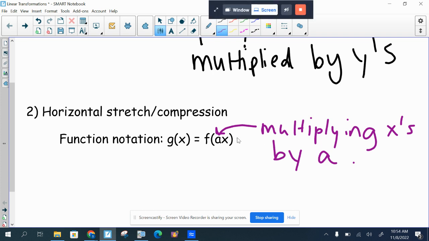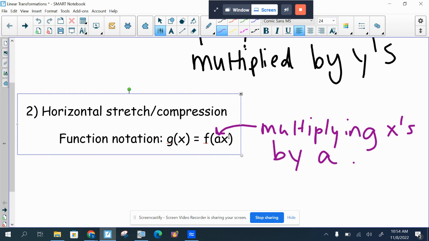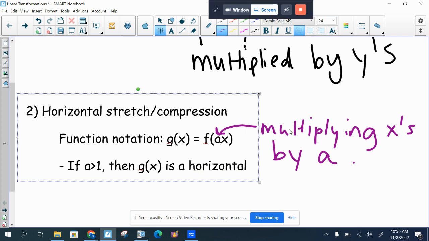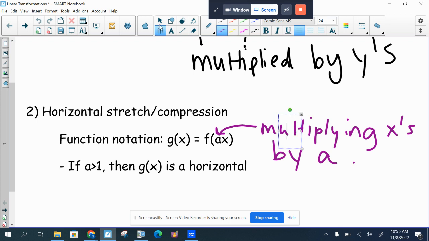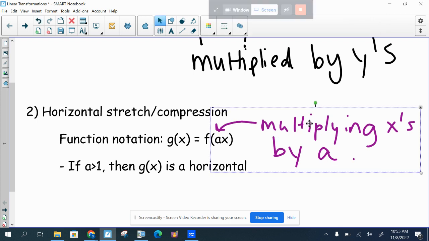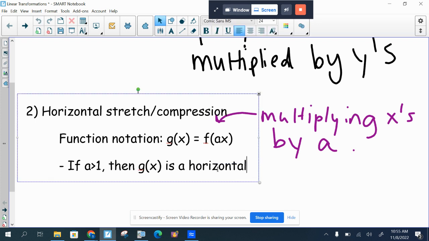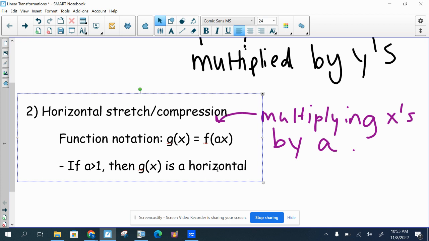So the first situation is if a is bigger than 1. Remember yesterday we started off by saying that if a is bigger than 1 or if a is between 0 and 1. So if a is greater than 1, then g of x is a horizontal, and you would expect to say stretch, but it's not a stretch, it's a horizontal compression.